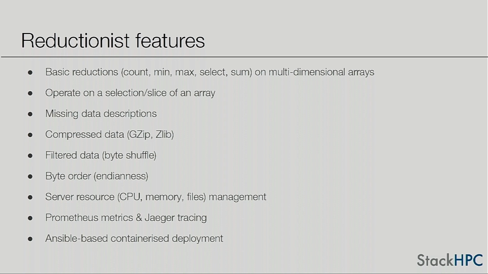It's got some basic server resource management, so it will try to limit the amount of CPU resource and memory that is consumed, as well as the number of open files, so that it doesn't crash the server effectively if you overload it with requests. We've got some instrumentation using Prometheus exporters and Jaeger distributed tracing, and an Ansible-based containerized deployment mechanism.